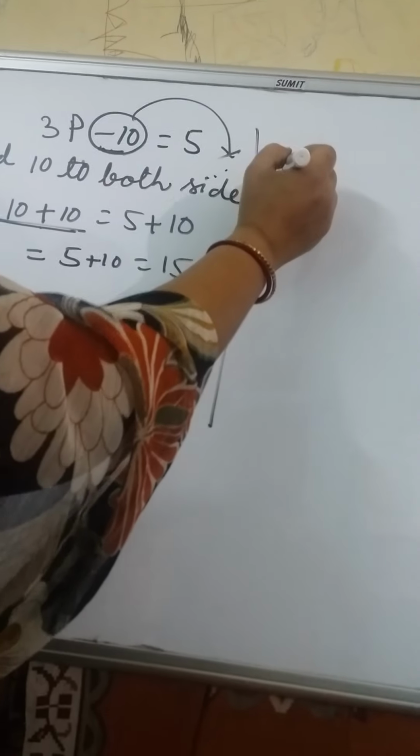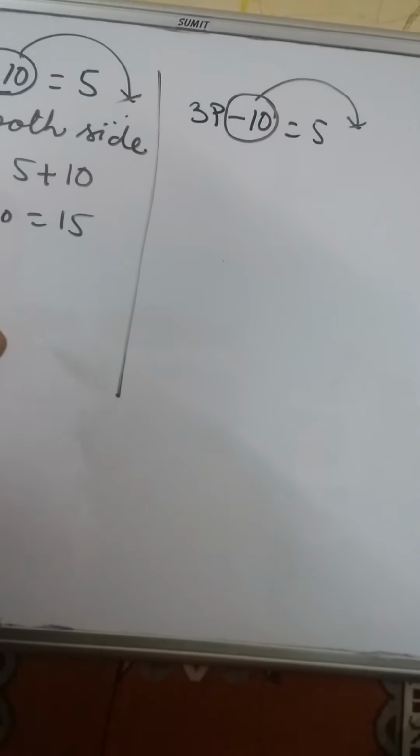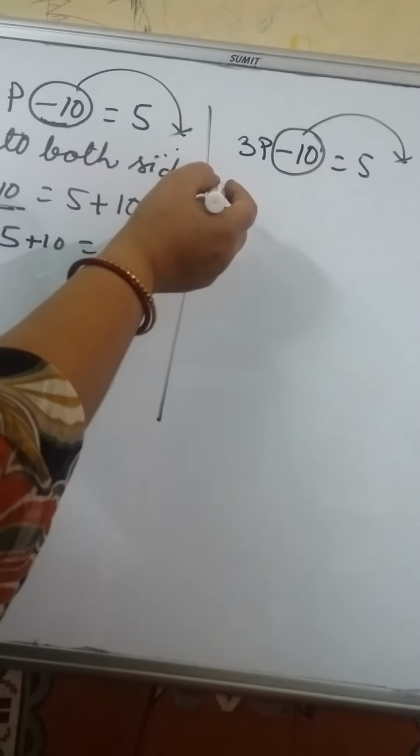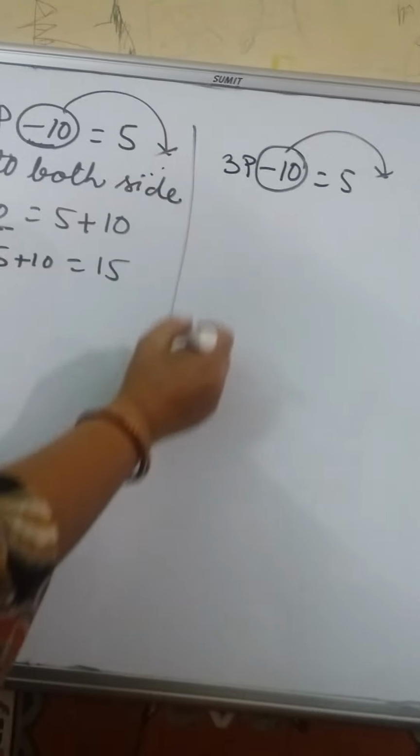Another way of doing this, I can shift this minus 10 to the right hand side. This shifting or changing of side is called transposing.